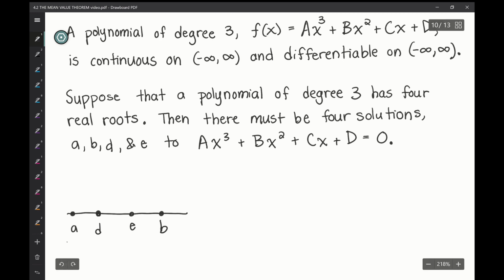I'm putting my a and b on the outsides of this interval just so that we can use more similar language to what we've been using for Rolle's theorem.